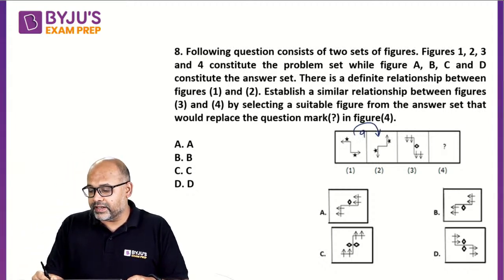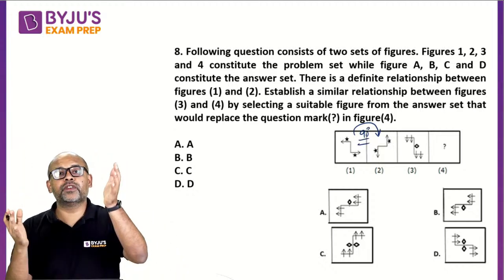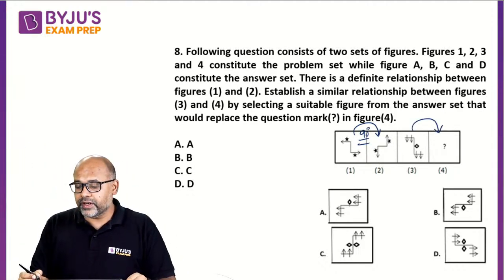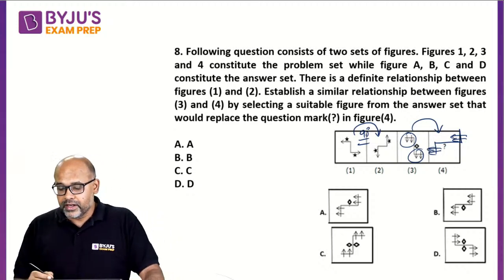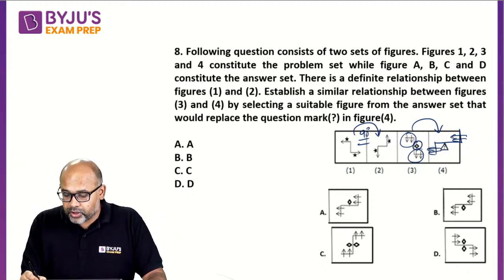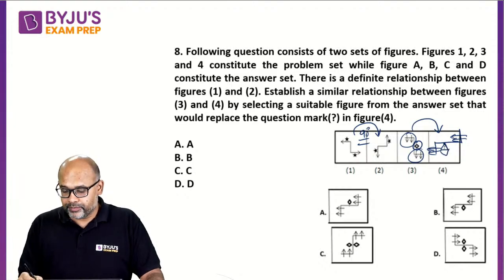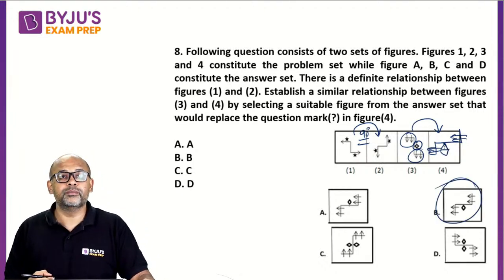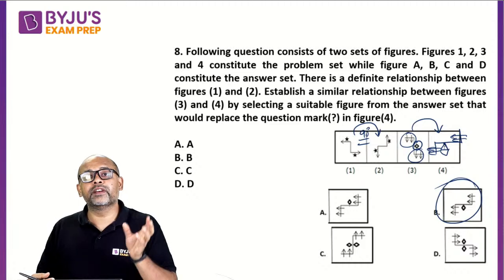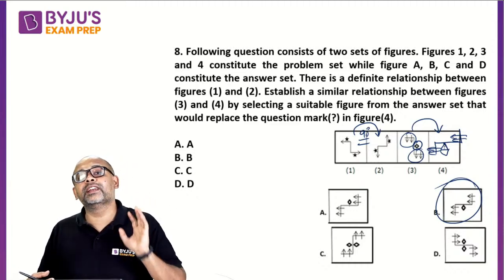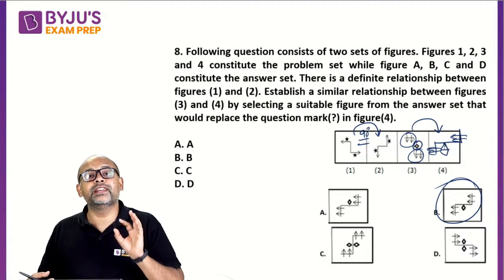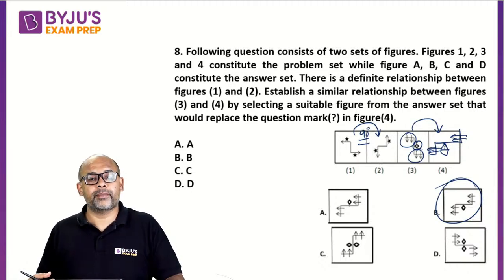Orientation is changed by 90 degrees, shifting to the right side. So this will also be shifting by 90 degrees. If you shift it by 90 degrees, you will have something like this. These arrow marks will become on the left hand side, and this will be coming at the bottom. So it is going to be your option figure B, right? So you're twisting the figure by 90 degrees. Okay, a clockwise 90 degree turn. That is what has happened.